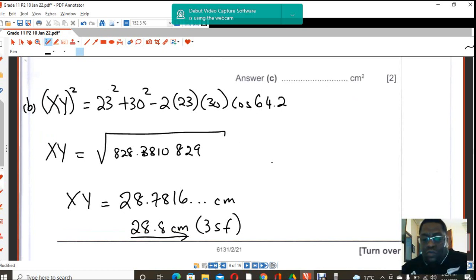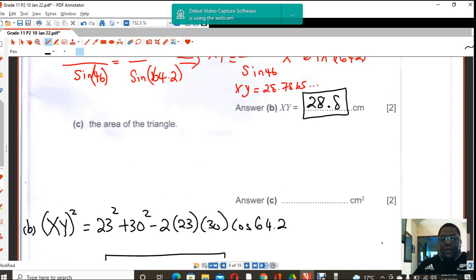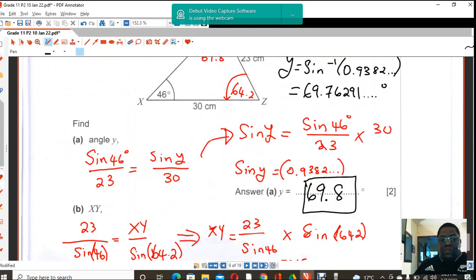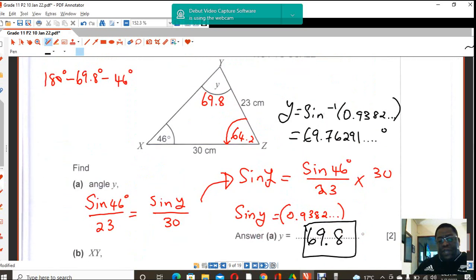You can also use, as I was saying, the cosine rule to solve that. Anyway, the area of the triangle: I've got three sides here, and this side here was 28.8, right? So you can choose which angle, and the two sides that flank it. So it's side, angle, side. I'm going to take the 30 and the 23.